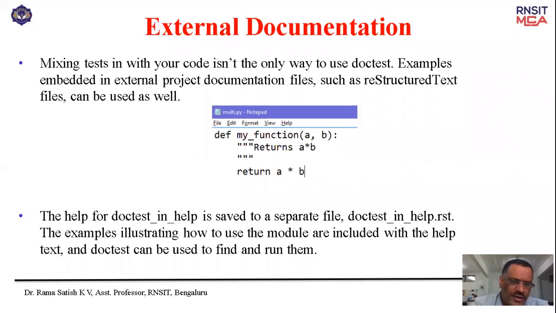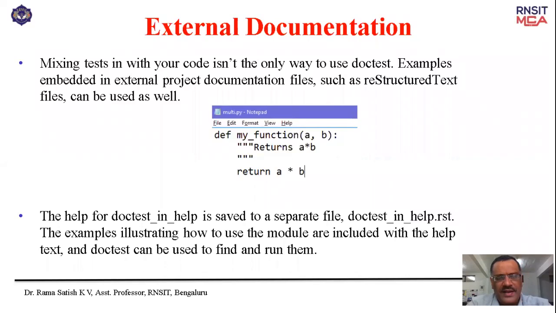The help for doctest is saved to a separate file, doctest help.rst. It is a restructured text file. RST is nothing but a restructured text file. It's a format that software professionals generally use. They write the code, and the doctest help they write in a separate RST file.